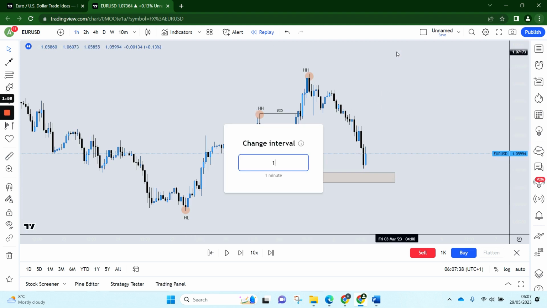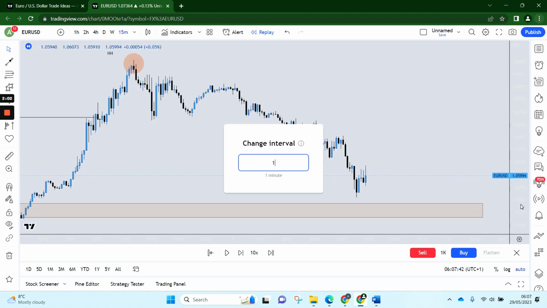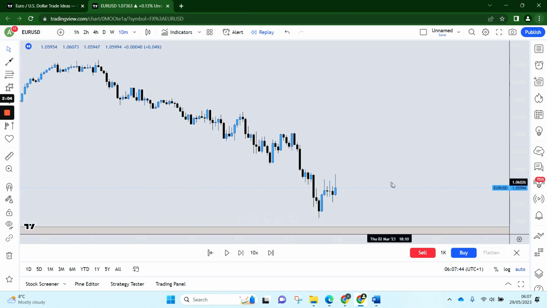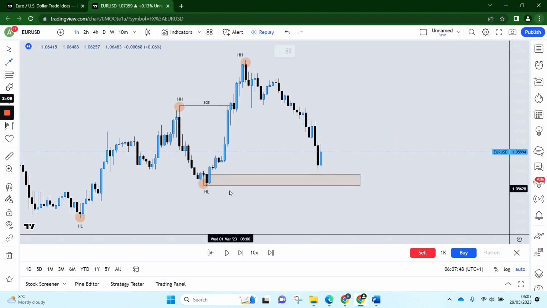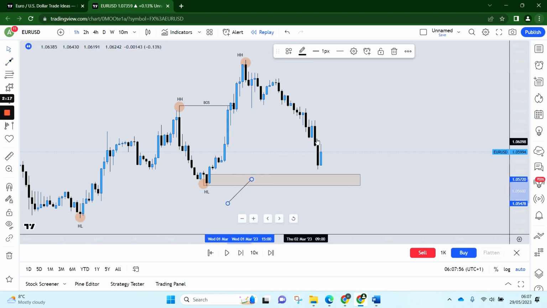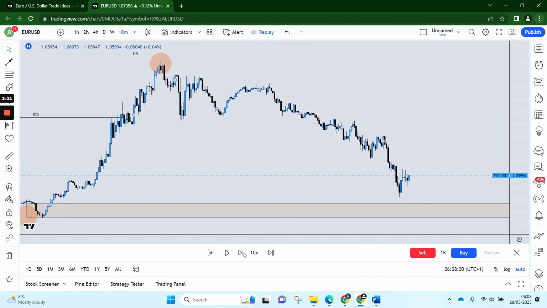Let's go to the internal structure, which is our 15-minute structure or our 10-minute, right? So let's wait for price to hit this higher time frame demand, which is this 1 hour demand. It's a nice demand zone, took out some liquidity here, created some imbalances. Yeah, it looks good. So let's switch to the internal structure and wait for price to hit it, right?